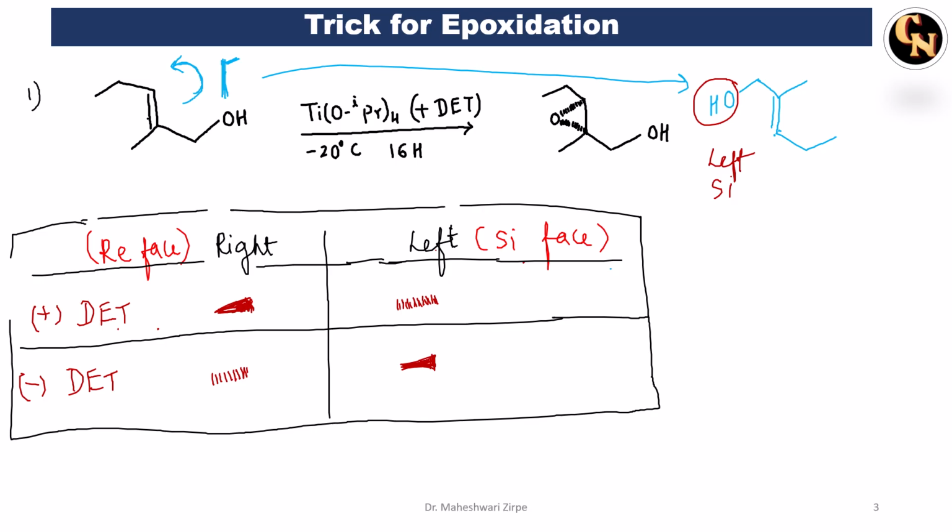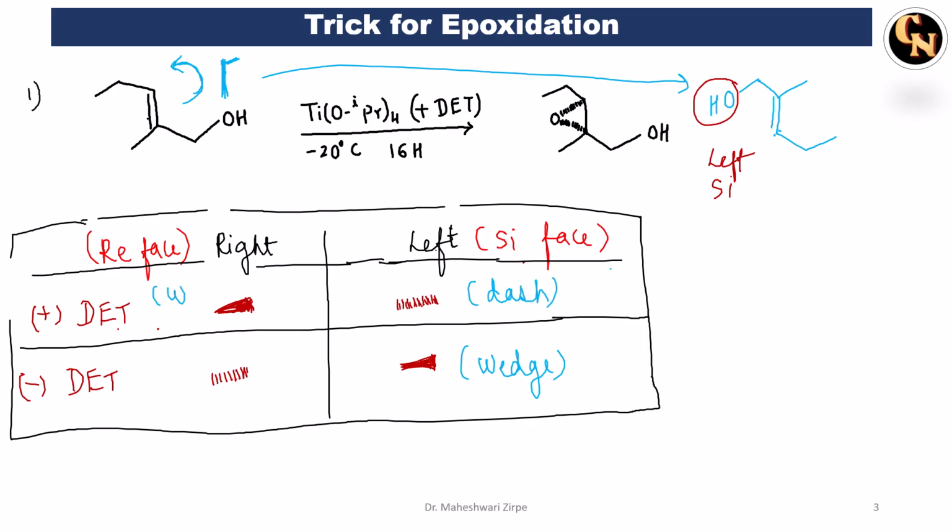So if OH is on the left hand side, then see the reagent DET. If it is plus, then the epoxide will be below the plane, and if it is on the right hand side, then the epoxide will be above the plane. Okay, so here I'll write down wedge and dash.